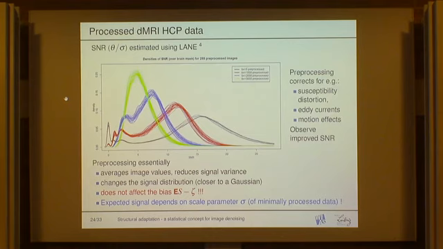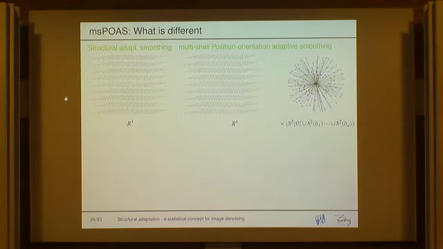So what you have afterwards is closer to a Gaussian due to averaging. And unfortunately, it does not affect the bias that you have in unprocessed data. And so the expected signal depends on the scale parameter sigma of the minimally processed data. So that's something that you really need in the analysis.